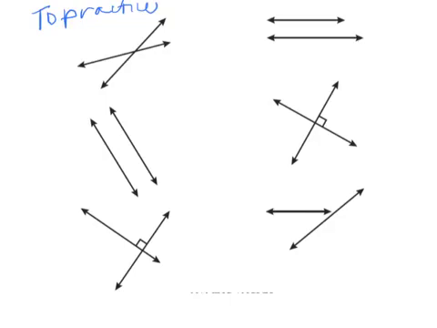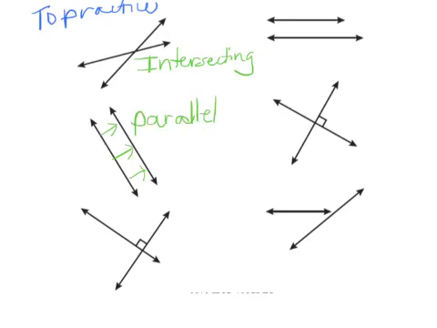This first set of lines are intersecting lines. They do cross, but they do not form a corner. This set of lines are equal distances apart at all points. That makes them parallel lines. And this set of lines, when they cross, they make a straight corner, making them perpendicular.